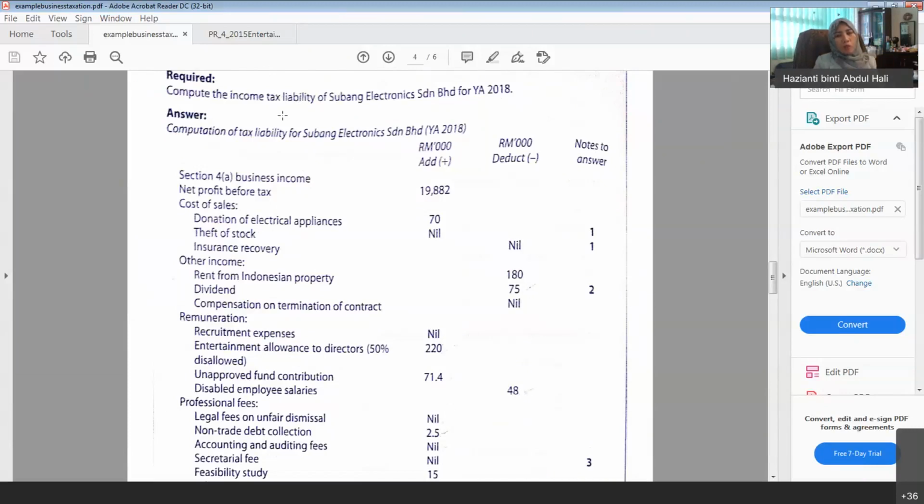Okay, this is how you should present your answer because when you have to compute the tax liability ataupun if the question asks you to compute adjusted income sekalipun, because this question dia panjang lah dia sampai calculation of tax liability. What you have to do is you have to start with net profit before tax and buat dua column macam ni. Satu untuk add, satu untuk deduct. Okay, yang add ni maksudnya apa? This is actually non-deductible sebab tu kena add balik.